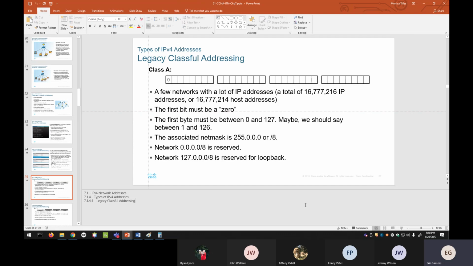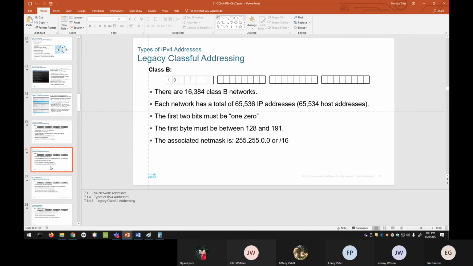Let's see the B. So B, the separation is here. So we have 16 bits dedicated to the network part, and 16 bits dedicated to the host part.